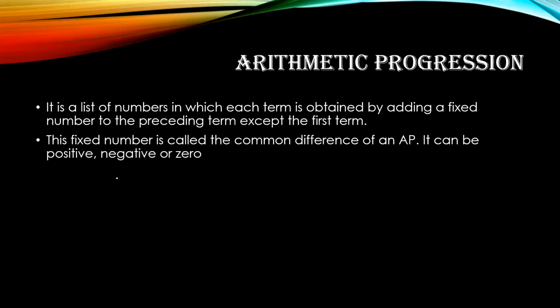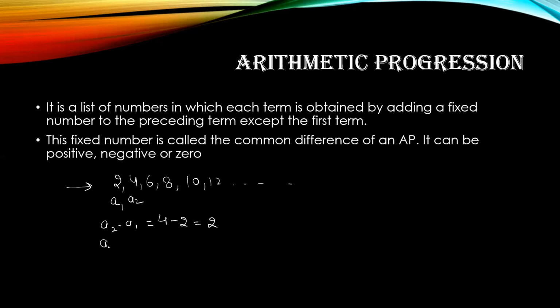Let's take 2, 4, 6, 8, 10, 12, and so on. This is a random sequence which I have picked up. Now let's see. This is your first term. This is your second term. Now let's find out the difference between the two terms. Let's find out what is A2 minus A1. This is 4 minus 2, which is equal to 2.